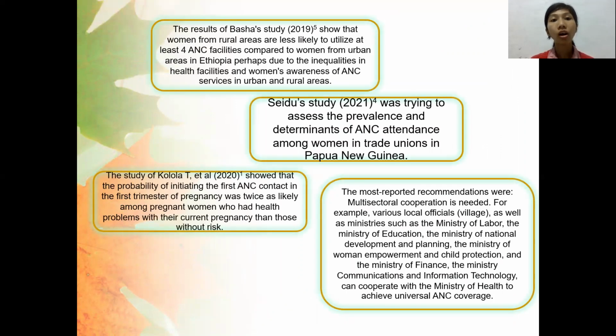The results of both studies show that women from rural areas are less likely to use ANC facilities compared to women from urban areas in Ethiopia, perhaps due to the inequalities in health facilities and women's awareness of ANC service in urban and rural areas.